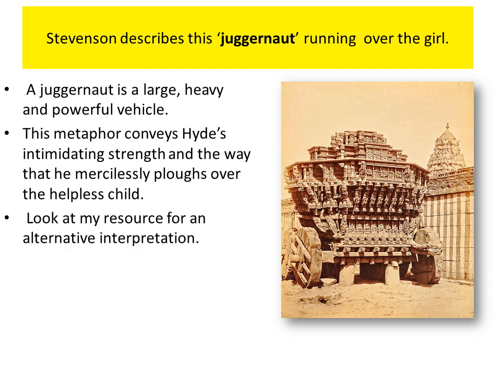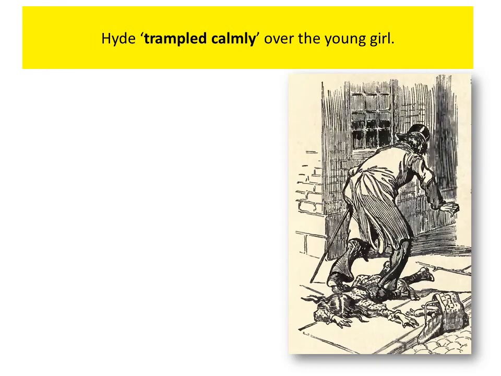Now, there is an alternative interpretation of this metaphor, which we don't have time to look at in this video. You can, however, see a full explanation in my resource. For me, the most disturbing description in this extract is Stevenson's words that Hyde trampled calmly over the young girl.